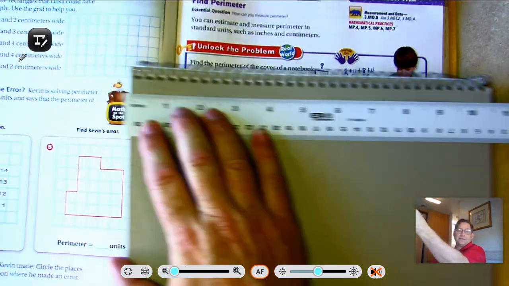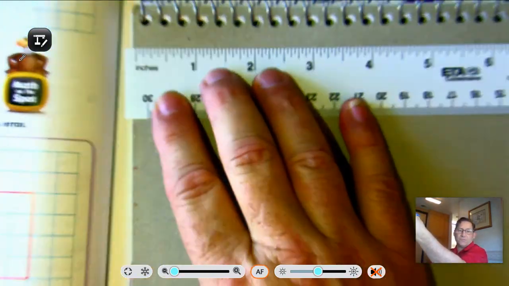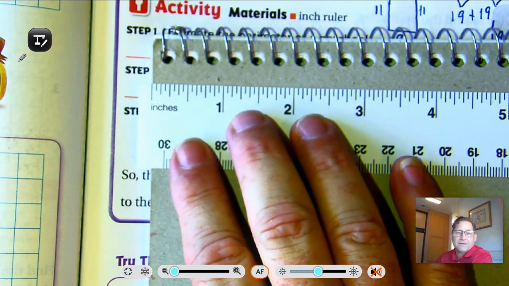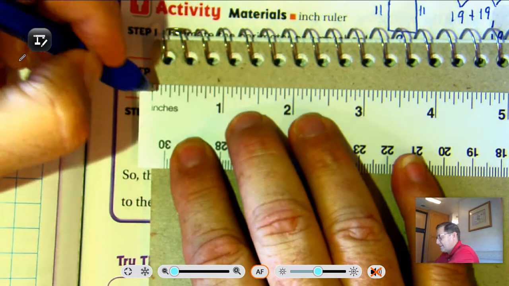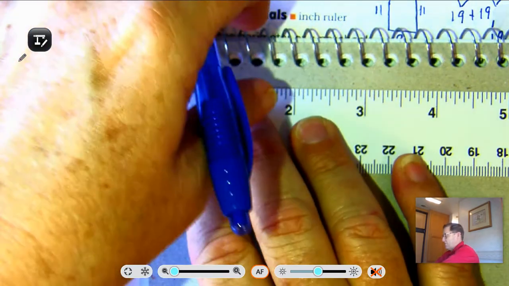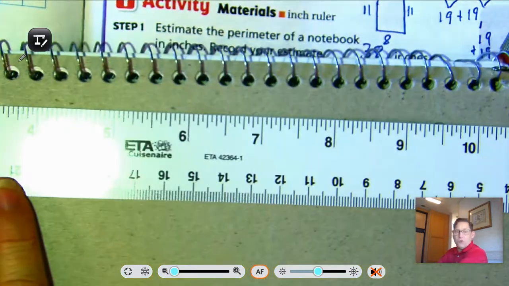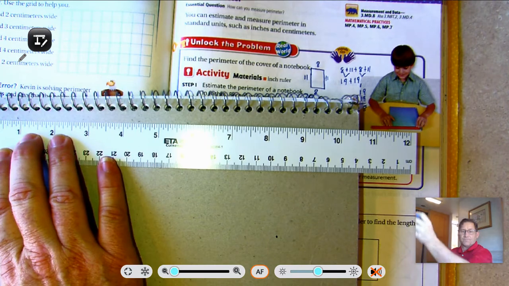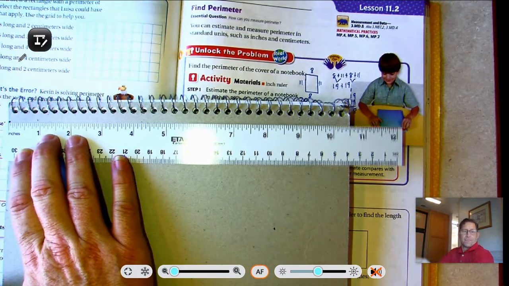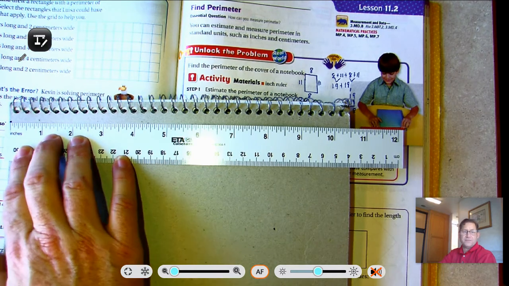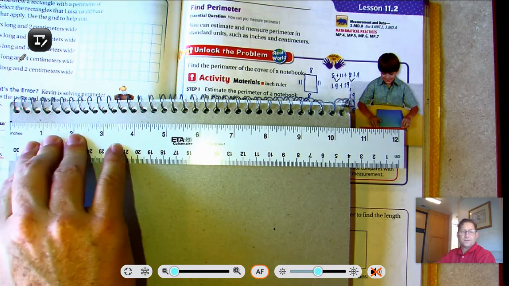Okay, zoom in so we can see what I'm talking about. Right there, I'm going to start at this point. This is my 0 point. Then I want to see how long it is. So we're at 0 at the edge of the notebook.